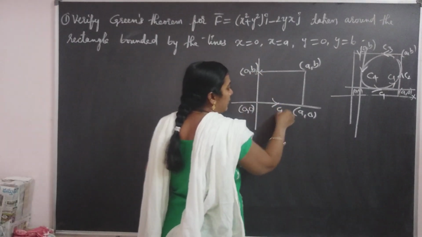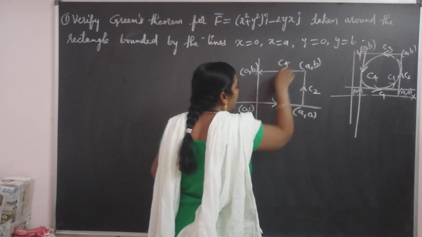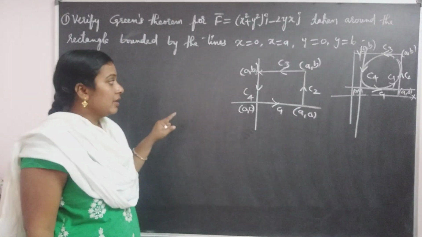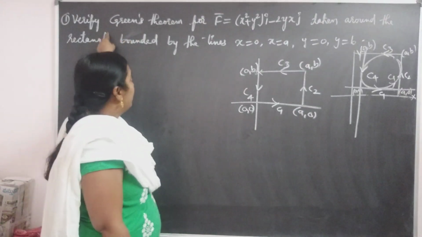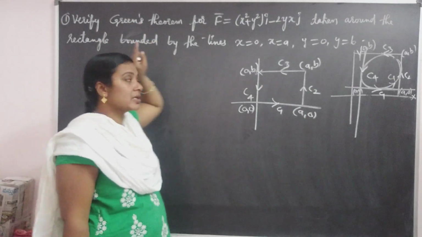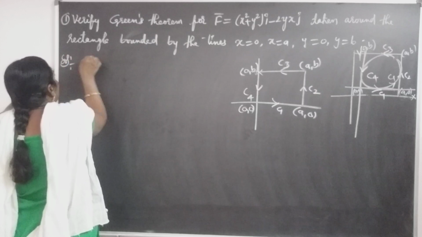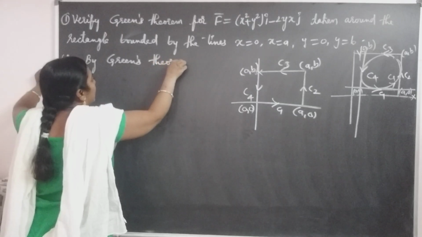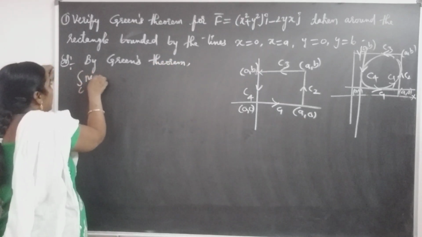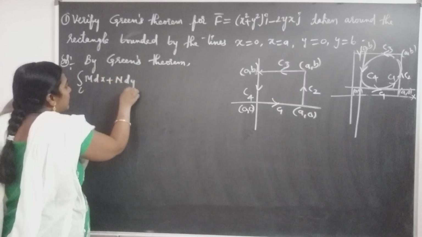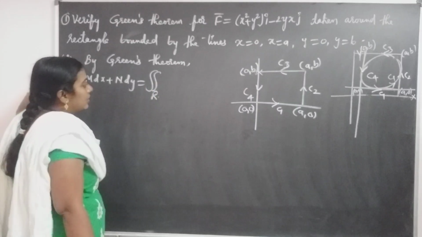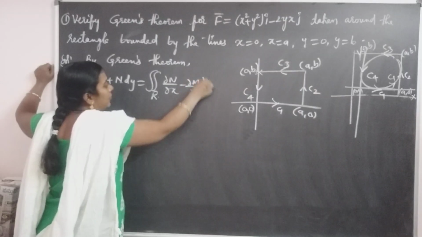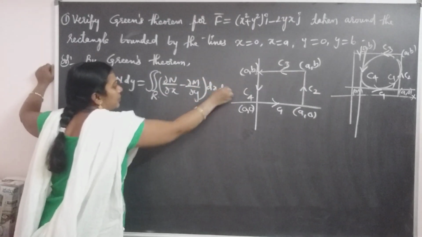For the verification of Green's theorem, by Green's theorem, the integral over C of M dx plus N dy is equal to the double integral over the region in the xy plane of (dou N by dou x minus dou M by dou y) dx dy.